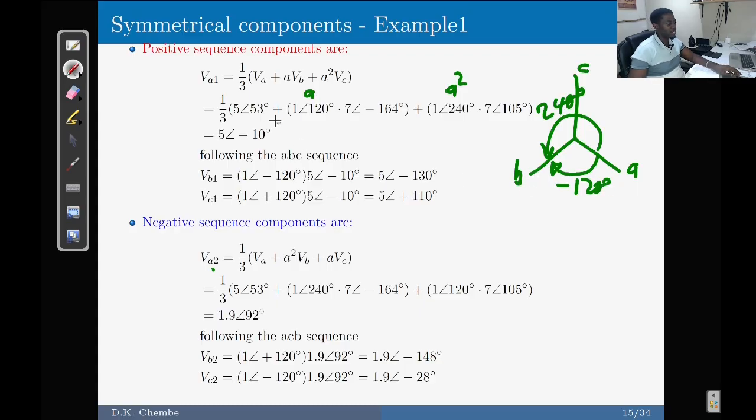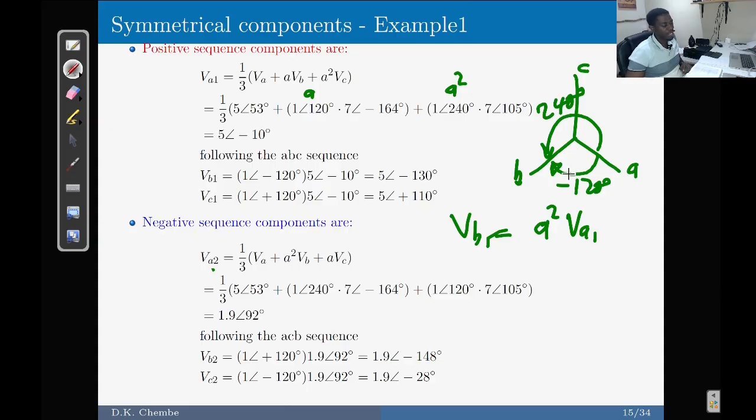So the next component, since you found VA1, then VB1, you can take 1 at angle 240 degrees multiplied by the solution that we have found. In short, we are saying VB1 is equal to a² VA1.